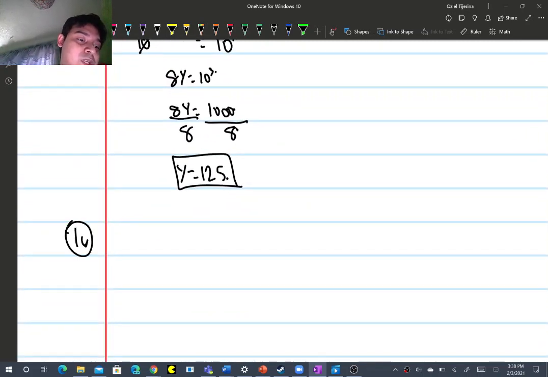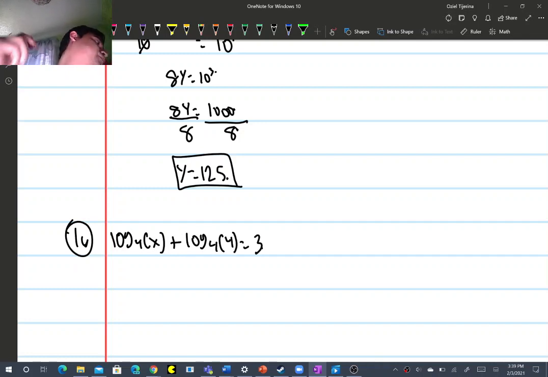For number 16, we have log base 4 of x plus log base 4 of 4 equals 3.